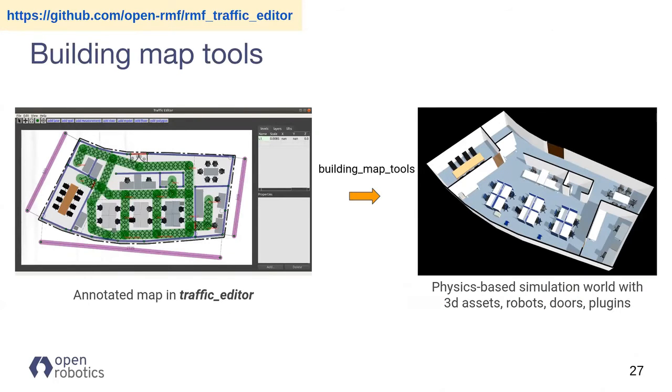Then we have a tool called Building Map Tools, which will take an annotated map from the traffic editor and convert that into a physics-based simulation world that you can use with Gazebo or Ignition. So this is an example of the office demo that has been converted from the traffic editor annotated map.